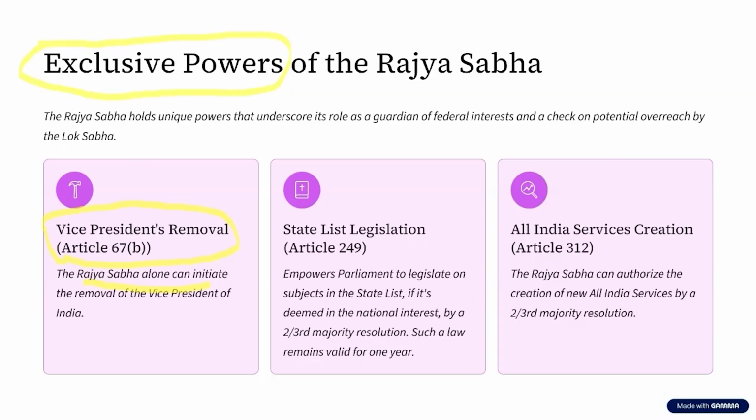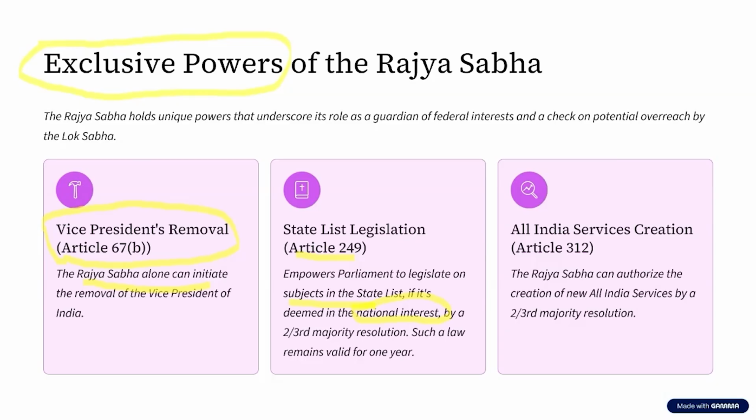Now, we know that there are certain subjects in the state list, but what does Article 249 say? If there is a national interest in mind, and there is a subject present in the state list, and a national interest is coming into the picture. For example, agriculture is a subject present in the state list.